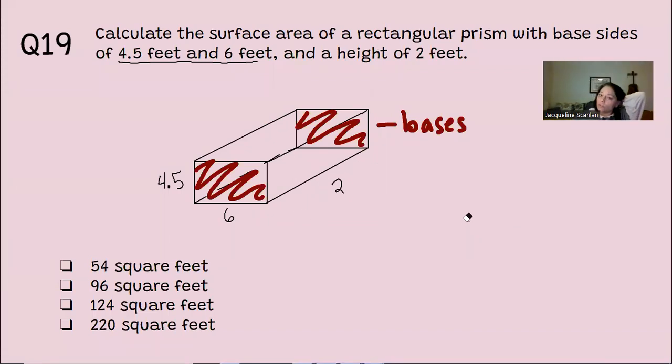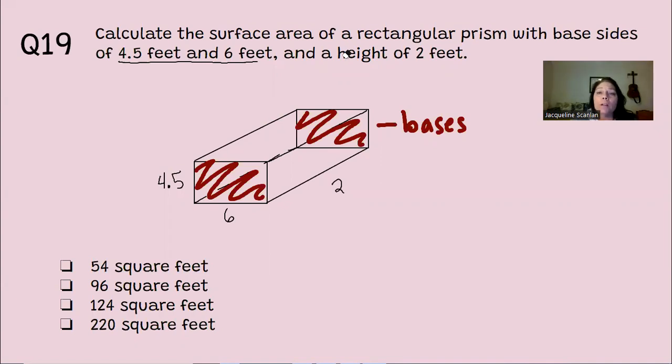All right, guys, so here are 2 different ways that you could go about this. You can go about this the logical way, or you can go about this the formula way. The logical way is to find the area of all 6 sides of a rectangular prism. I could find the area of each of the 2 bases by doing length times width.